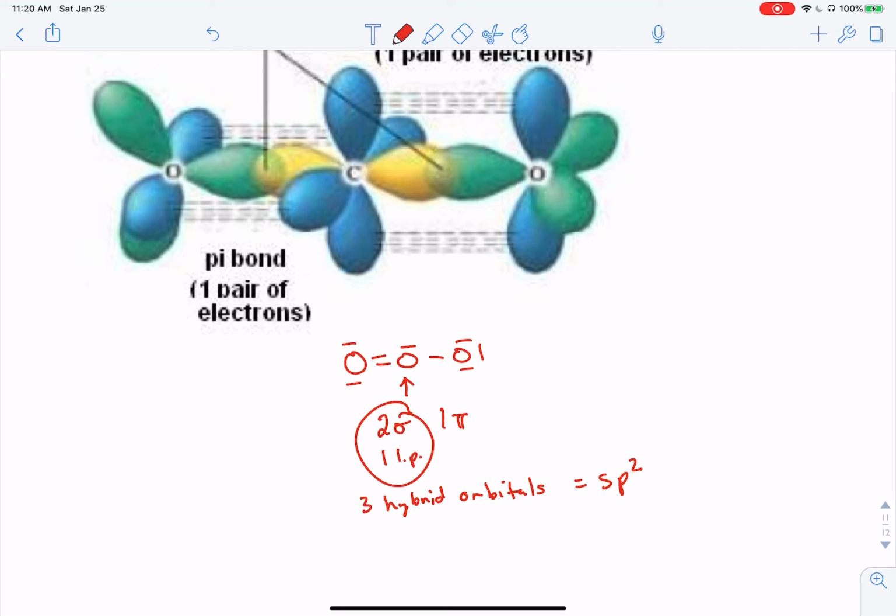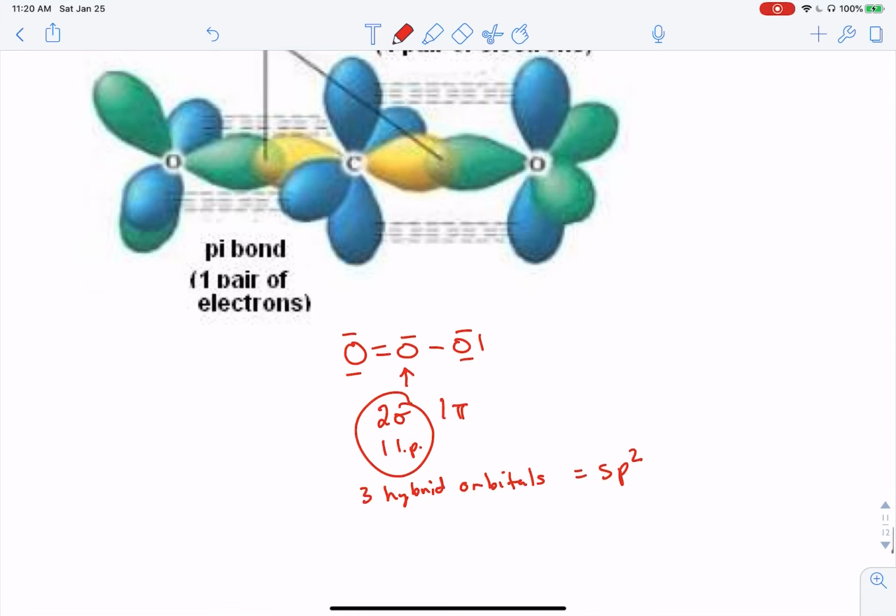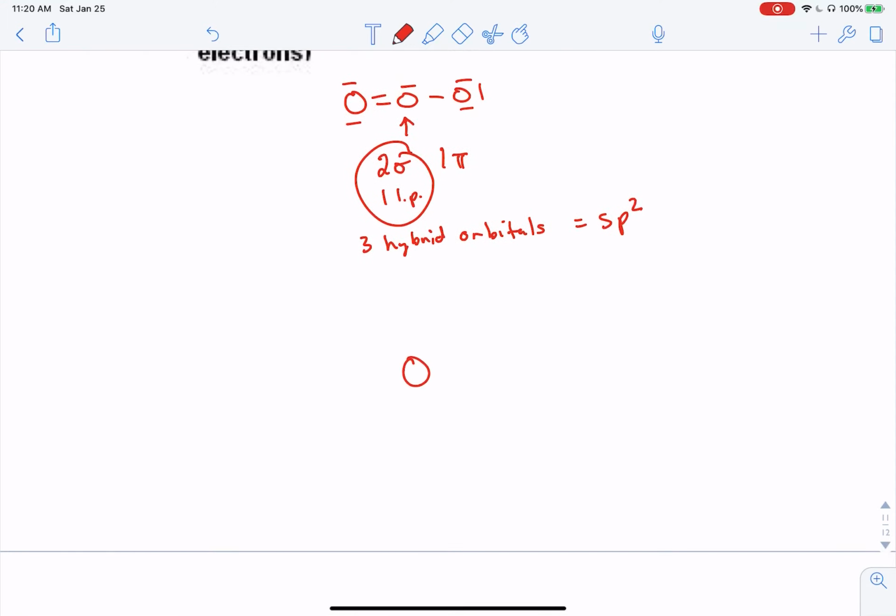Yeah, so in resonance, for example, in ozone, that double bond goes back and forth. So each oxygen has to have a p orbital that's unhybridized. And so they all happen to be the same axes. So then they overlap like that. Yes. So what happens with ozone here is that each oxygen, sorry, I don't know how to draw this best.